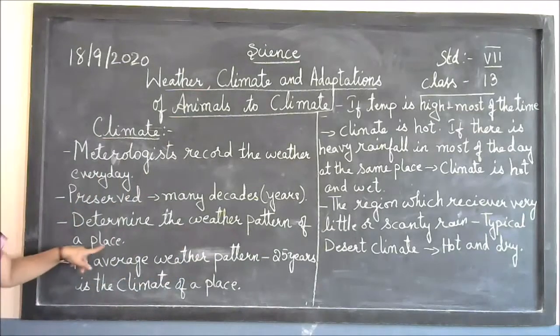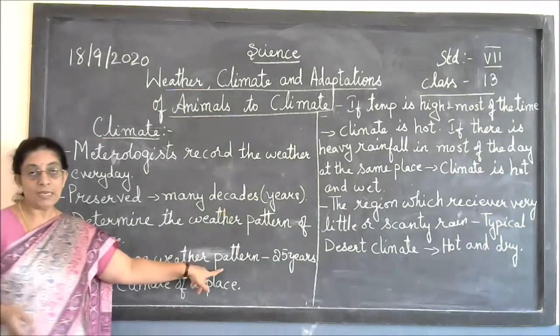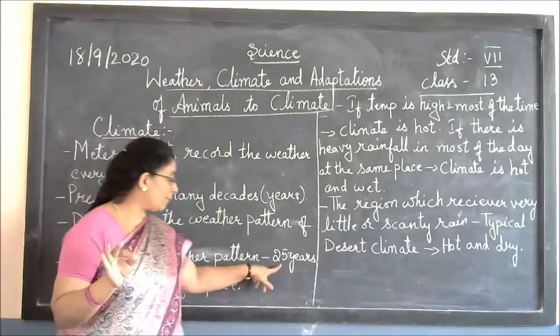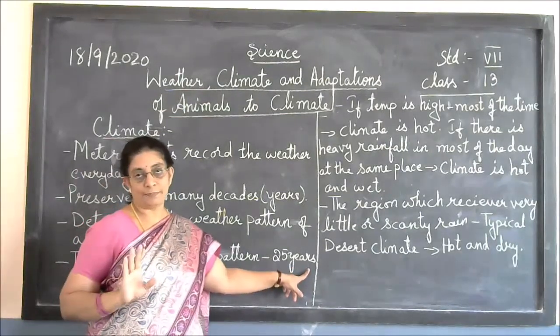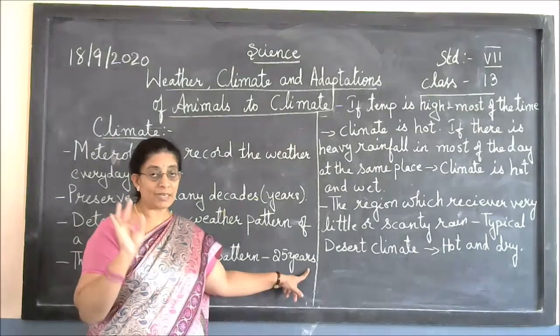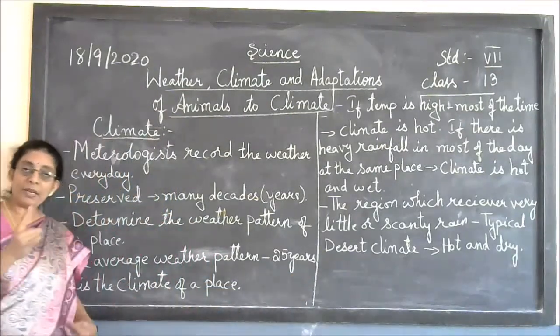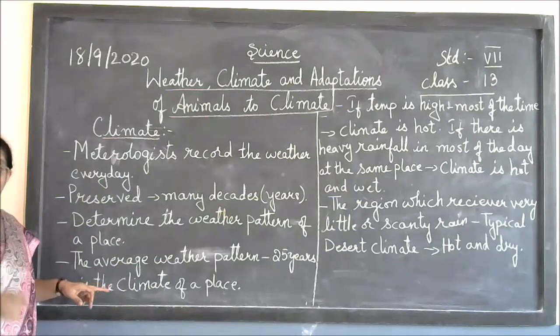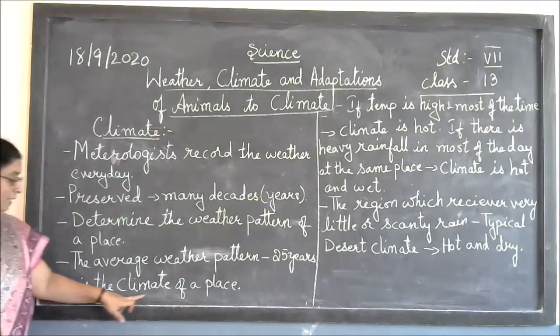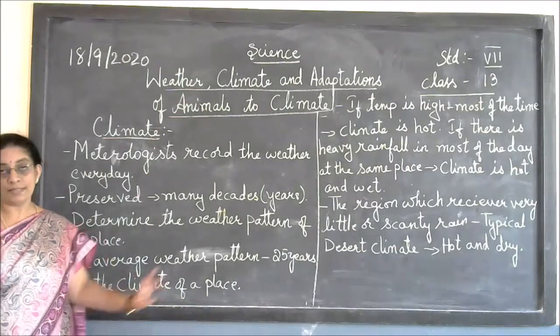So the average weather pattern, for a period of at least 25 years, they go through the everyday weather conditions, and only then is the climate of a place decided.